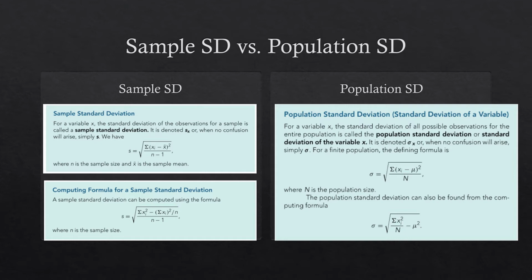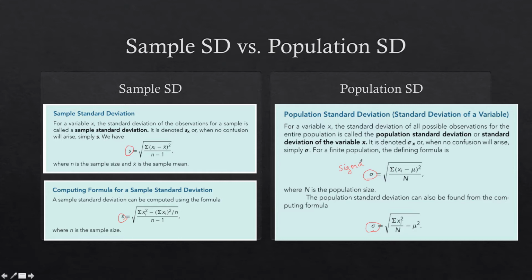For regular sample standard deviation, you'll always have an s. Notice, for the population standard deviation, you'll always have this. It's a Greek letter, and it's actually pronounced sigma. Okay? So keep that in mind. It's just a different way of writing it.